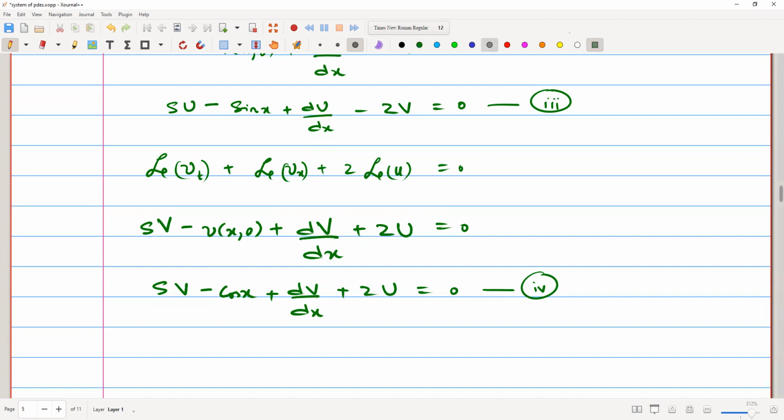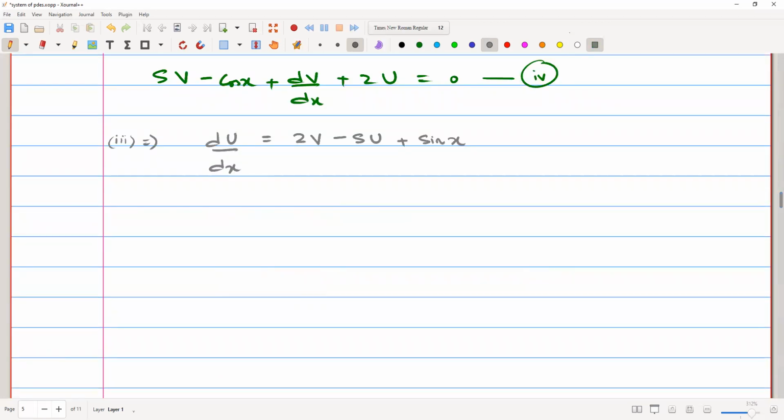Equation 3 implies that dū/dx = v̄ - sū + sin x, and equation 4 implies that dv̄/dx = cos x - 2ū - s v̄.